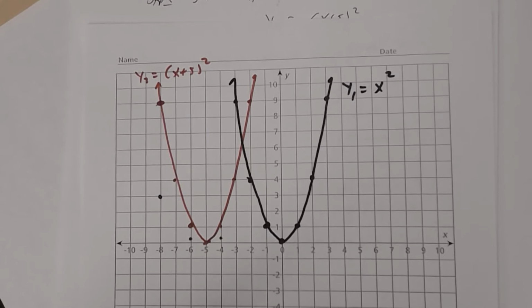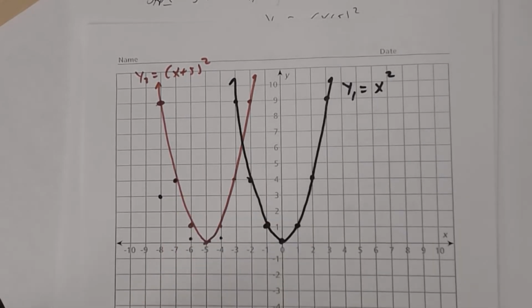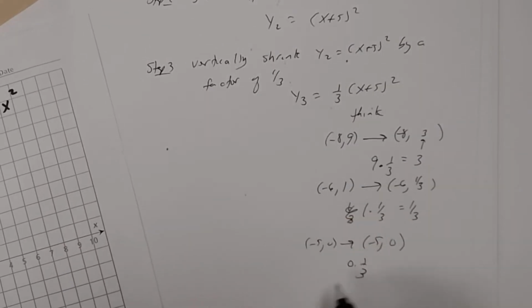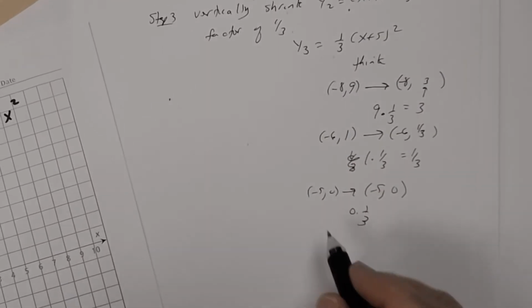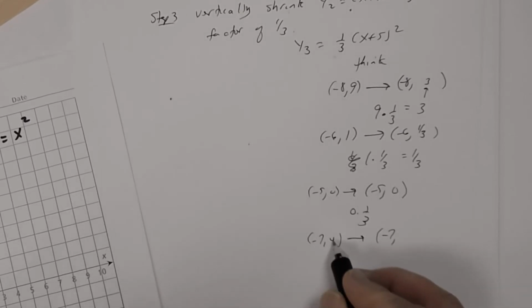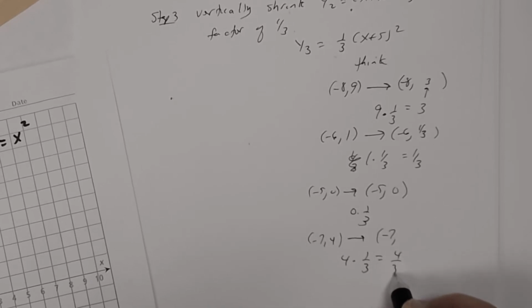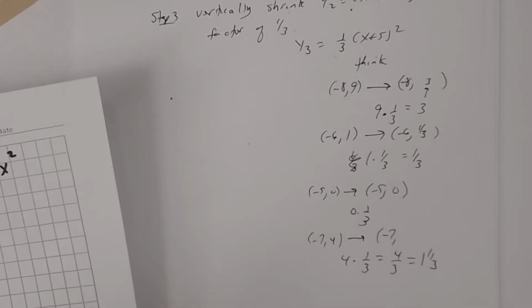So let's look at this point here. This is the point (-7, 4), right? So that's going to become the point -7, and I take 4, multiply by 1/3, so that's 4/3, which is 1 1/3. Okay?